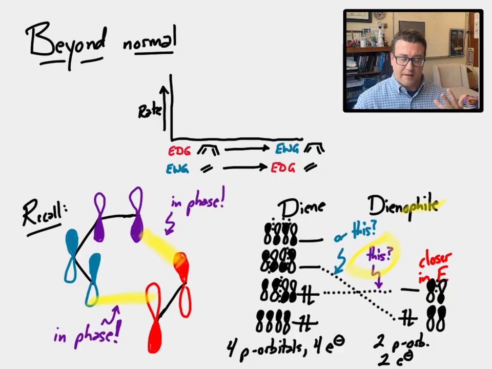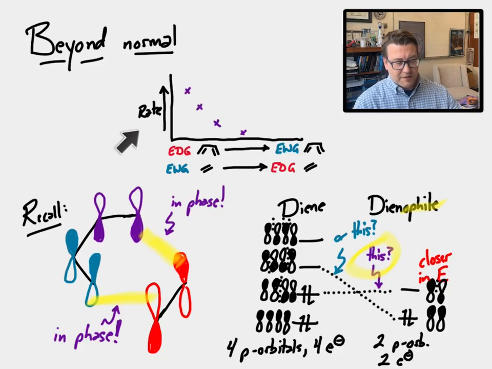That's how we described our normal. You could also have an electron withdrawing group on the diene and an electron donating group on the dienophile. So what's going to happen is that these orbitals are going to switch places, where this orbital starts to become closer in energy to this orbital than the other way around.